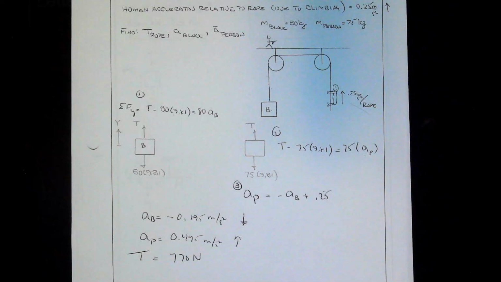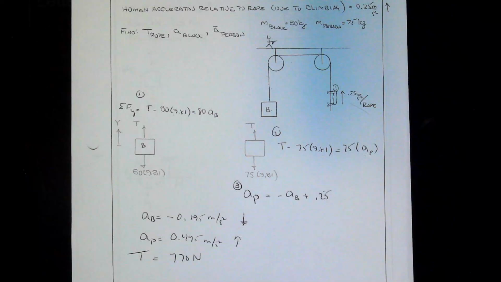We now have 1, 2, 3 equations, 3 unknowns. And so all we need to do then is solve that. And so if this were me, I would solve this one for t, solve that one for t, and stick this into there and solve for AB.